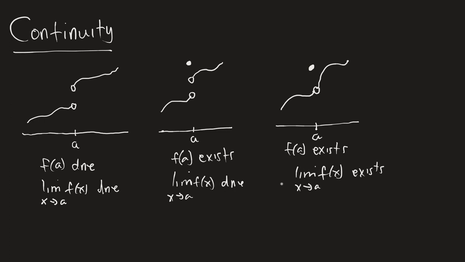But there's one other observation I can make about this third case, which is that even though these two things exist, they're not the same. So the limit as x approaches a of f of x is not equal to the function value, right? And again, we've seen examples of things like this.